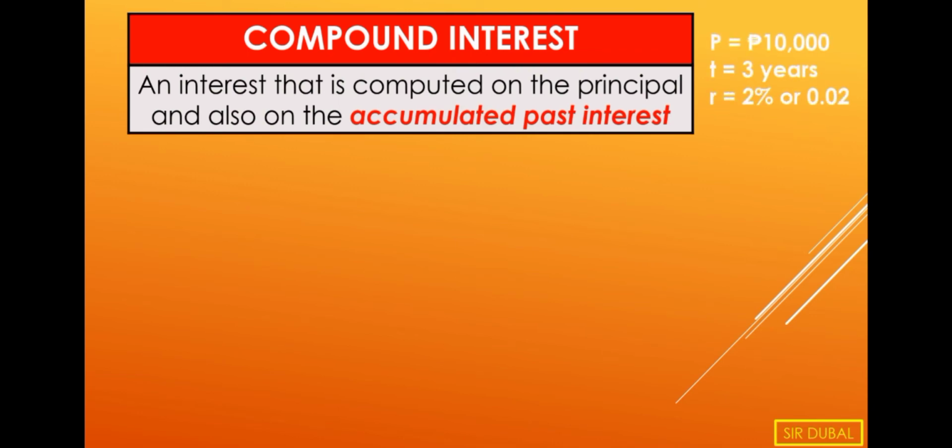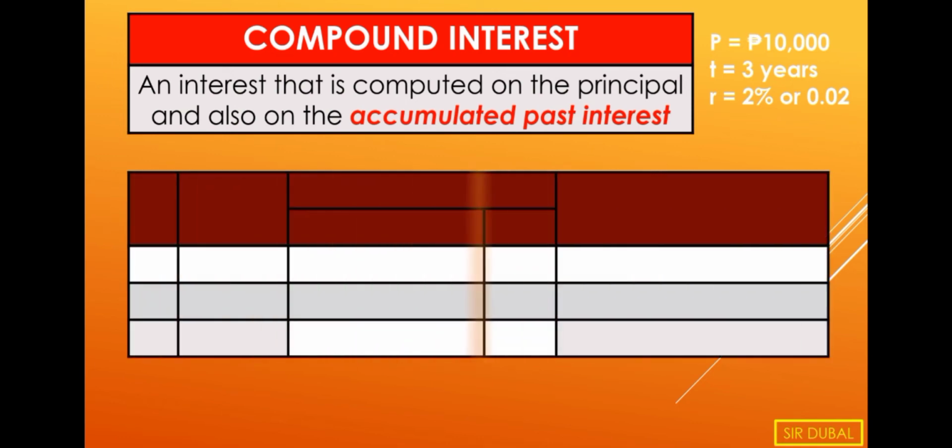So the same given, we are going to use, and we're also going to use the same table, but there are some differences with the terms that we are going to put there. So for the first column, same, we are going to have our time, which is in 3 years.